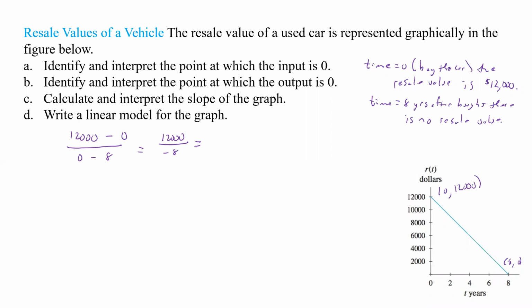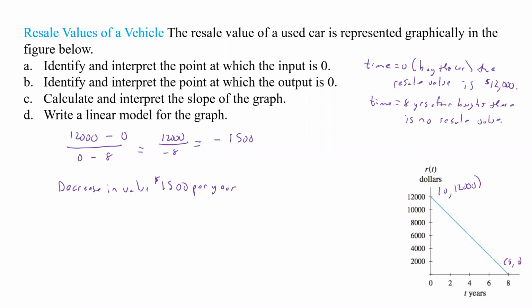That's going to be negative 1,500. What that means is it's going to decrease in value $1,500 per year. We're decreasing by $1,500 per year. So we have a negative slope, and that's how we get it.